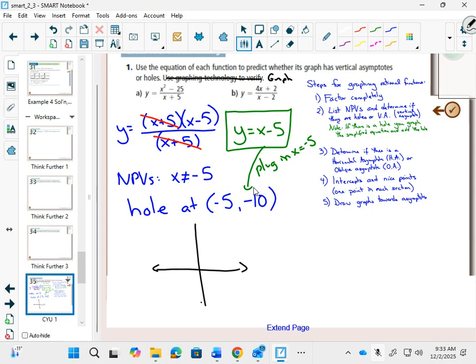What do I know about this line? I know that this line, x minus 5, has a y-intercept at 0, negative 5. I know that it has a slope of positive 1 over 1, up 1.